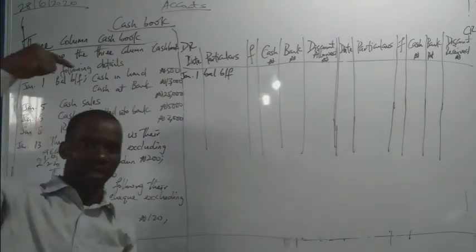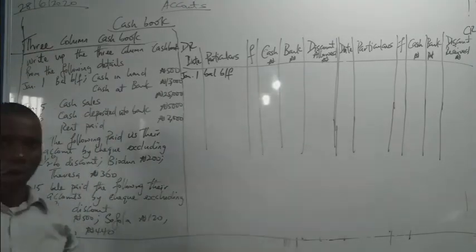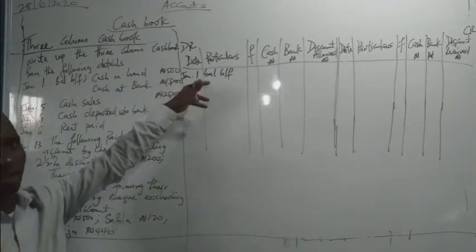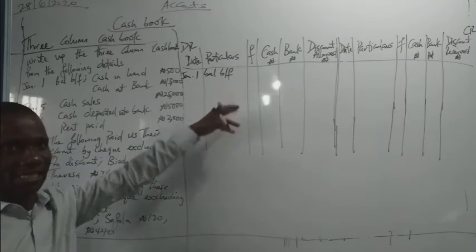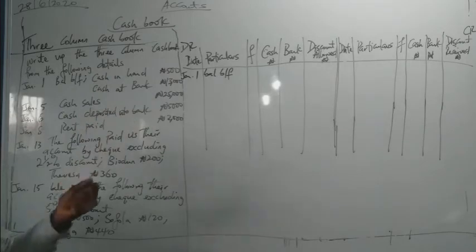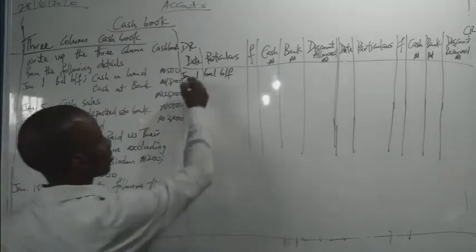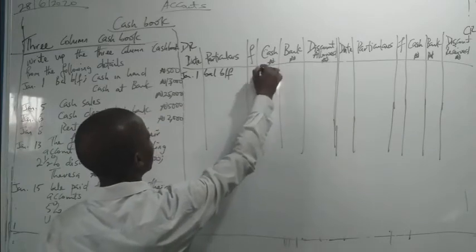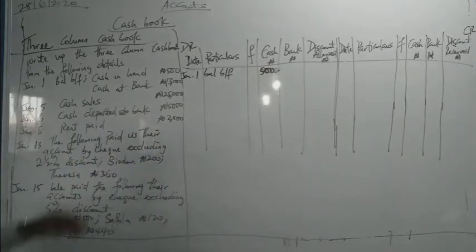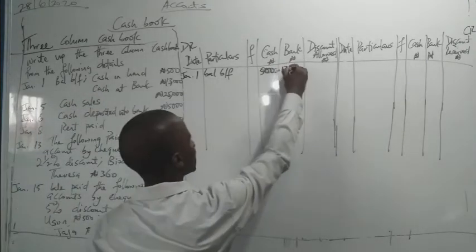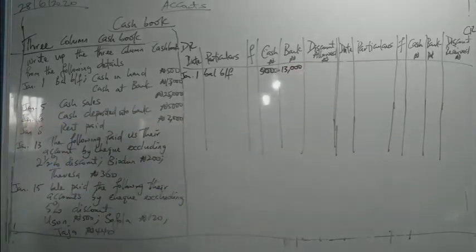And I told you when we were doing listing of balances and trial balance, all assets are debit balances. So that's why you tend to see opening balance on the debit side. So opening balance brought forward. For cash in hand, the cash you have on hand, the opening balance as of January 1st is 500 naira. And cash at bank, the money you have in bank, is 13,000 naira. So you see? Okay, let's continue.